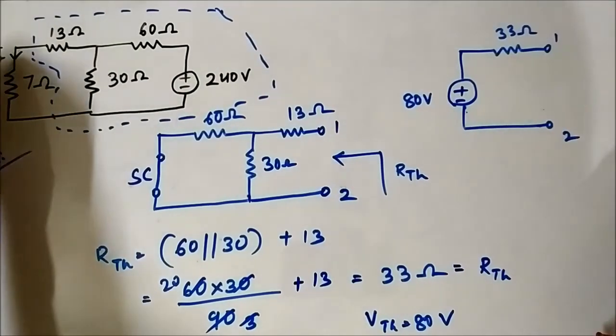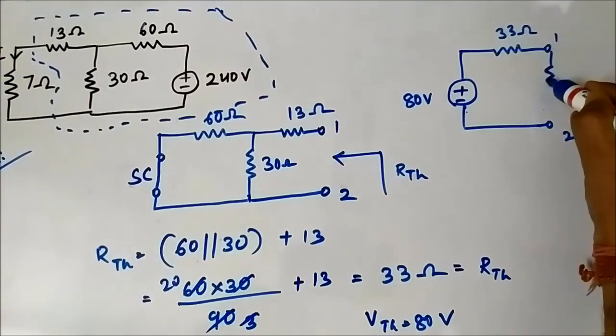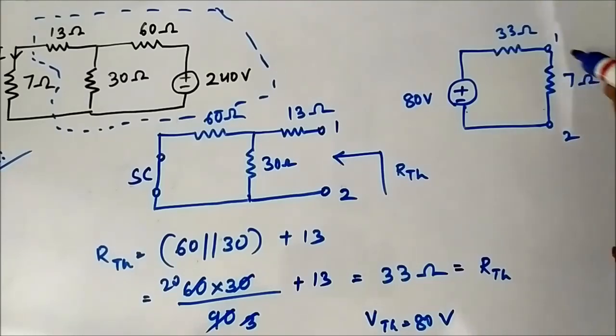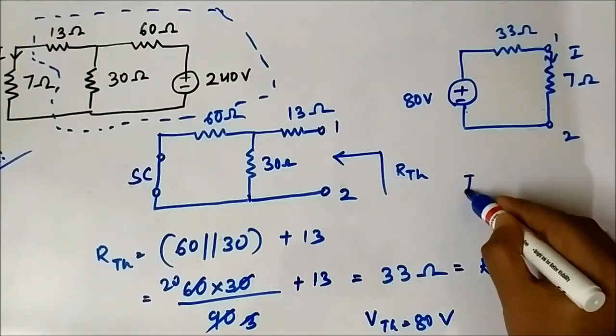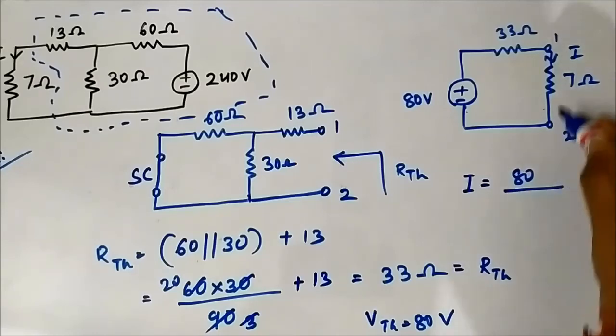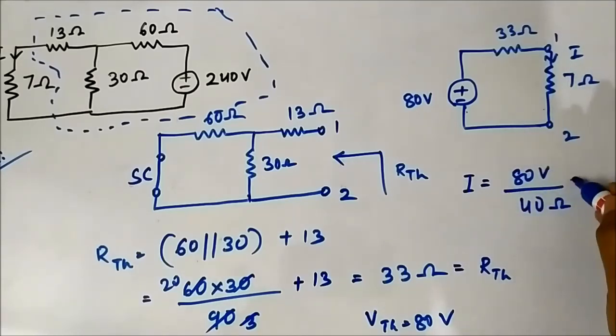Now to determine the current through the 7 ohm resistor, we will reconnect it back. 7 ohm, you have to find the current. So I is equal to total voltage by total resistance, which is 80 volt by 40 ohm, which is equal to 2 ampere.